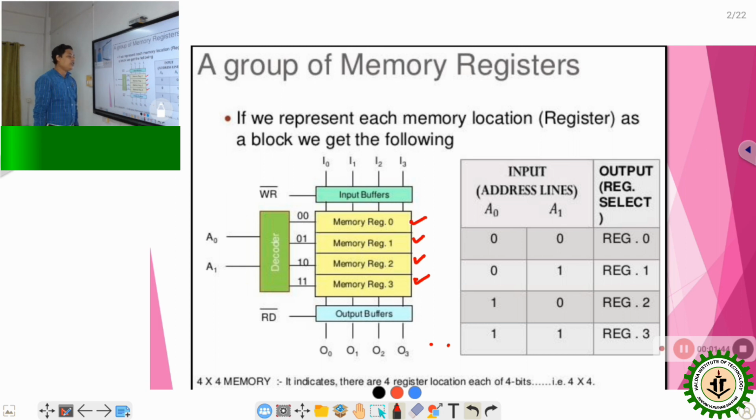To access an individual register, as there are 4 registers present, we require 2 address lines, namely A0 and A1. It is related in the fashion that if there are n address lines, it can access 2 to the power of n memory elements or memory locations. So depending on the memory location, we have to choose the address lines appropriately.